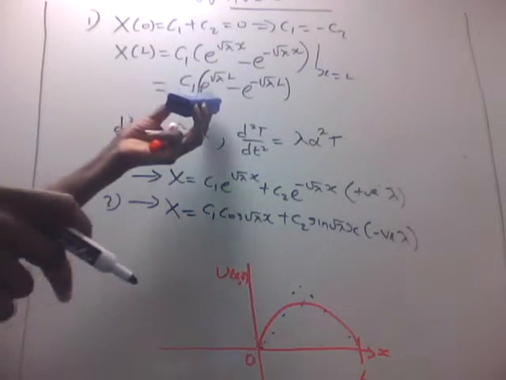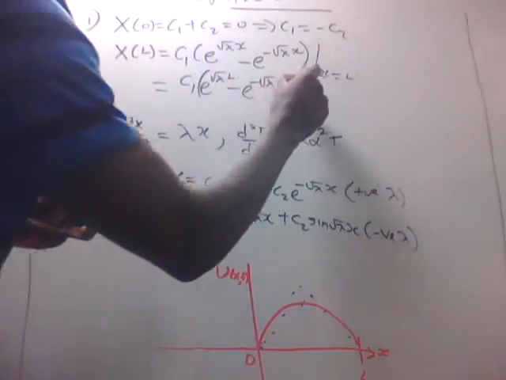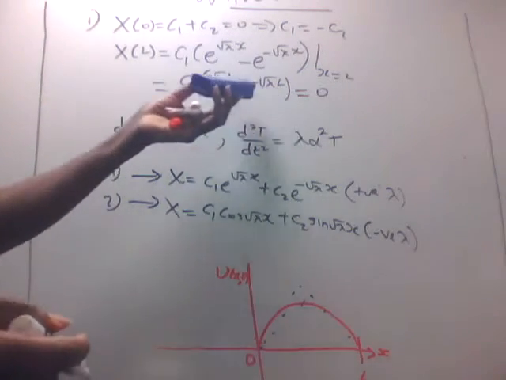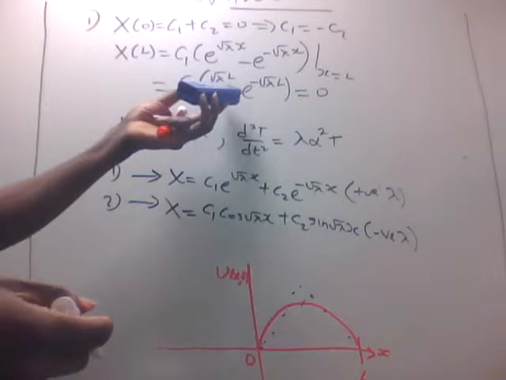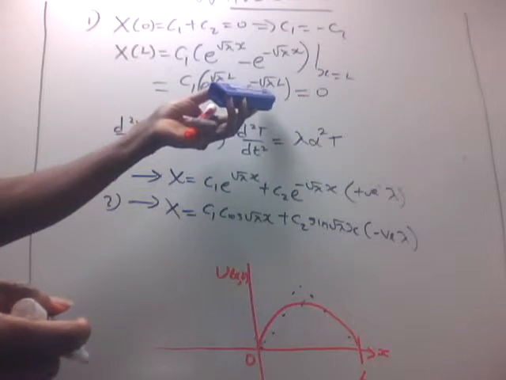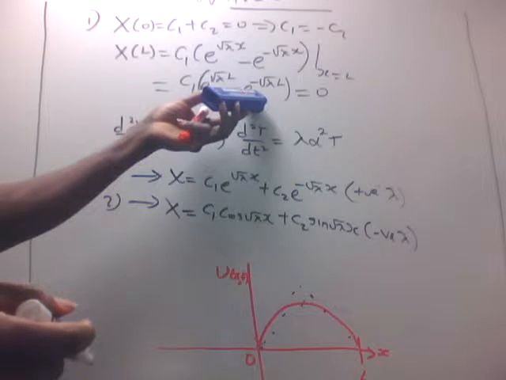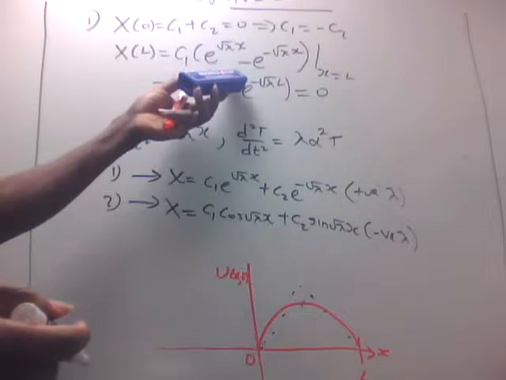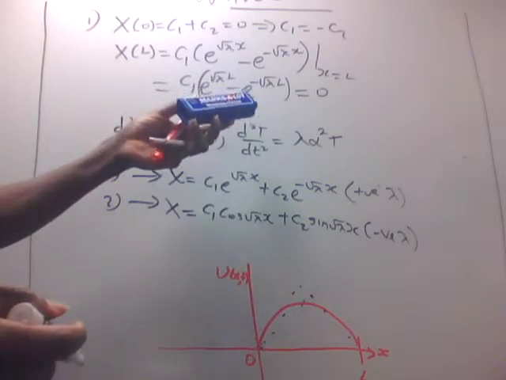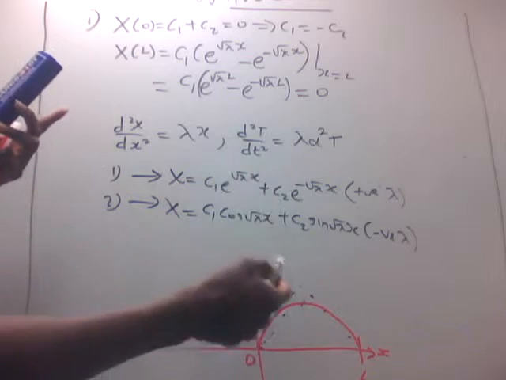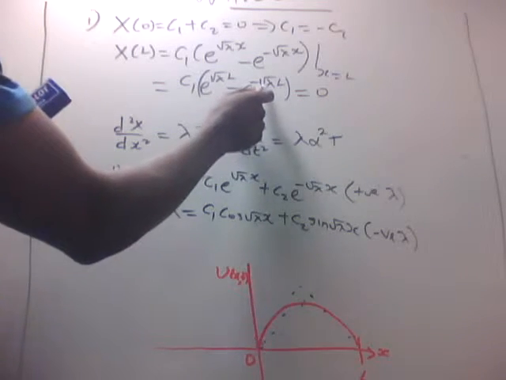And again, I want this to equal 0. Clearly, these two functions are not always going to be equal. The only time they will be equal is if L equals 0, in which case this is just e to the 0, 1, minus e to the 0, 1, or if square root of lambda equals 0.